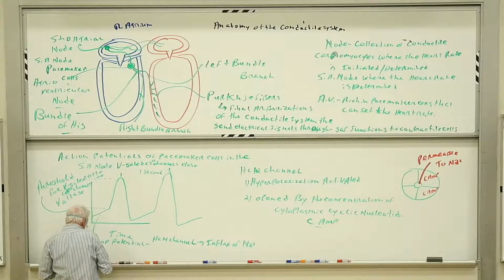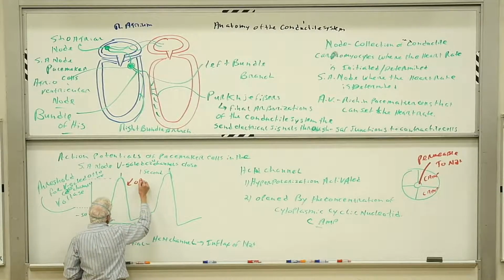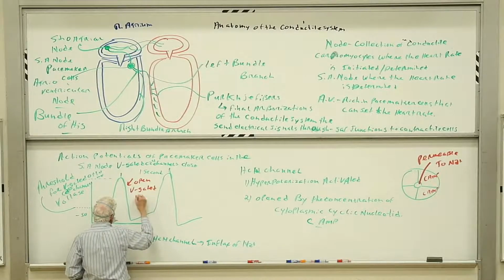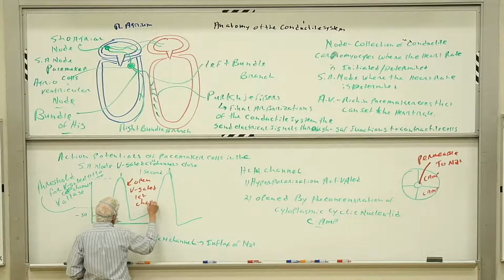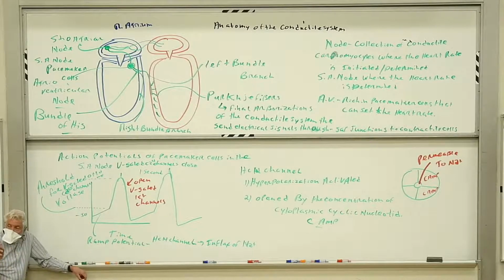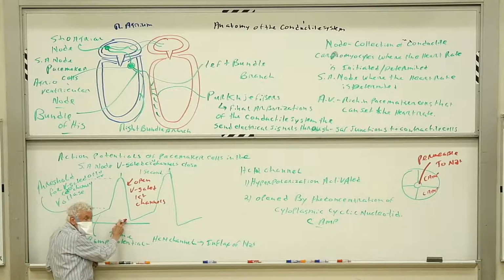And after they close, at this point here, we begin to open the voltage-gated potassium channels. That, of course, is going to repolarize the membrane. So that's the source of the hyperpolarization. And these are the two things working in concert. The hyperpolarization drives the membrane potential back down to maybe -60 millivolts.